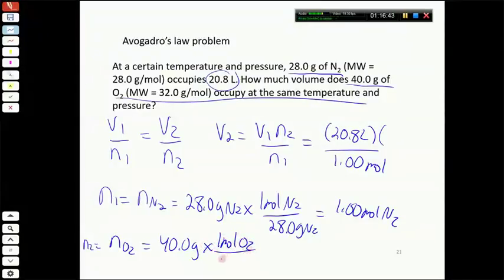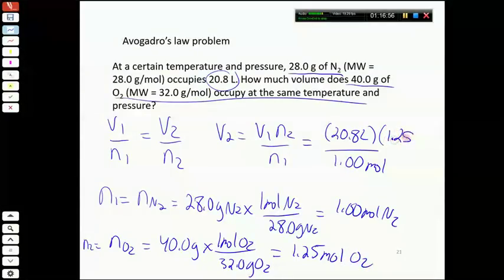The molar mass of O2 is 32. And so that 40 grams of oxygen corresponds to 1.25 moles of O2. That's the amount of moles that we put into this part of the equation. And this means that this sample of oxygen would occupy a volume of 26.0 liters.